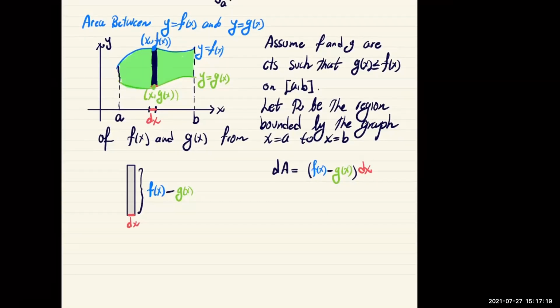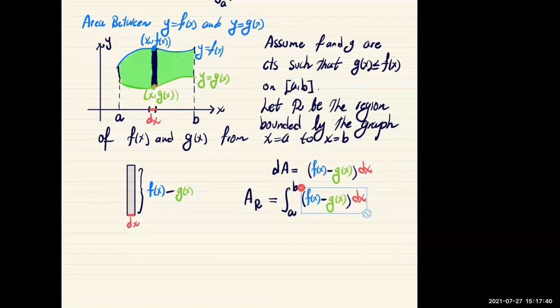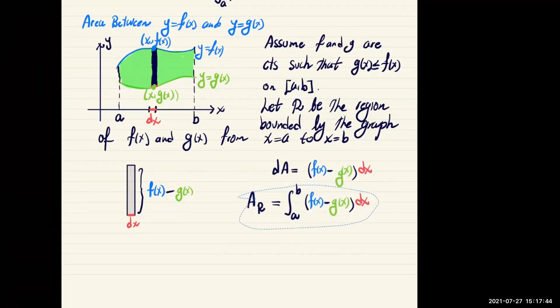So this is the area of R. If you see R as a subscript, that means region. The area of the region is the integral from a to b of dA.